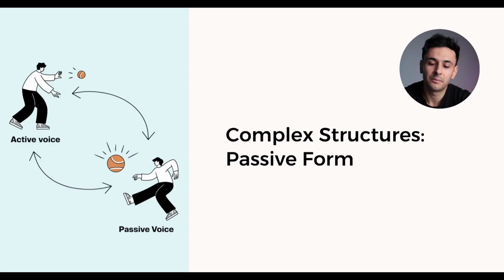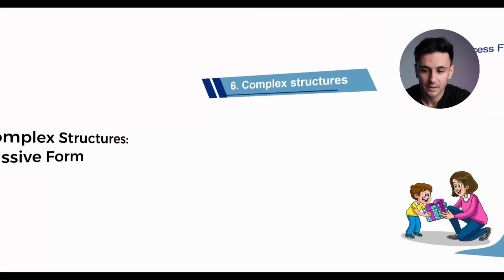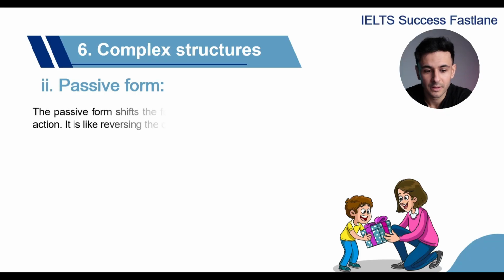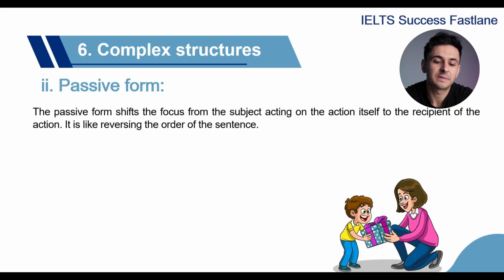If you want to make it passive, you start with the object on which the action was performed, and then you describe what happened to it by the agent, or the person who did the action. So the passive form simply shifts the focus from the subject acting to the recipient of the action. It is like reversing the order of the sentence, as I just mentioned.